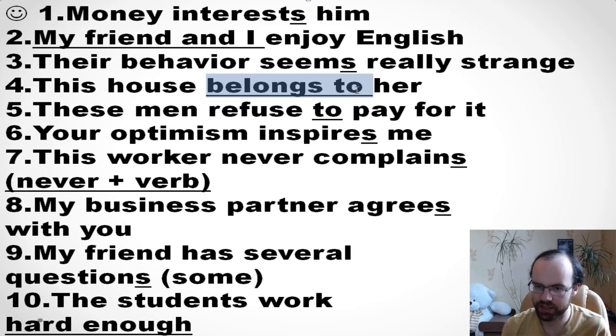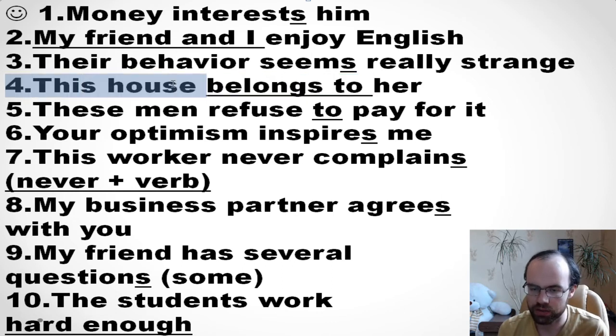It means that this is her house. And this house, so it's it. If we have he, she, it, we need to add s. These men refuse to pay for it.